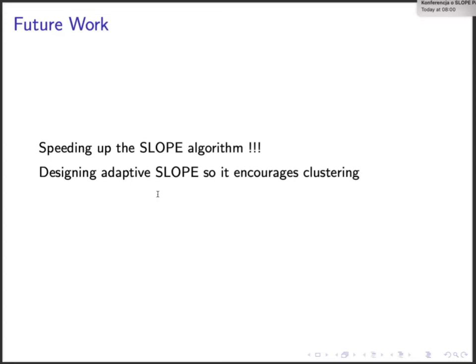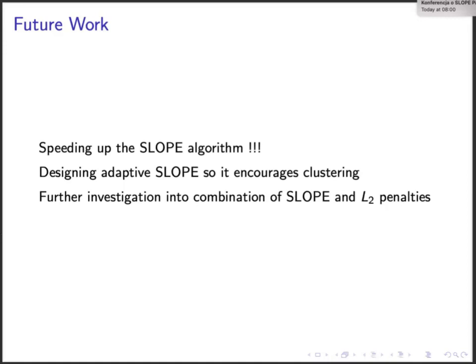So we want to design a new version of adaptive SLOPE which would encourage clustering, because clustering helps to attain good estimation properties when there are some similar regression coefficients in your model. We actually have quite promising results so far from a combination of SLOPE and an L2 penalty, and this is what we also plan to pursue further.